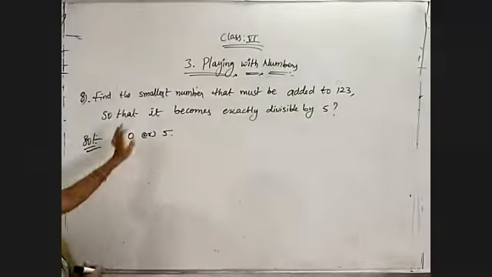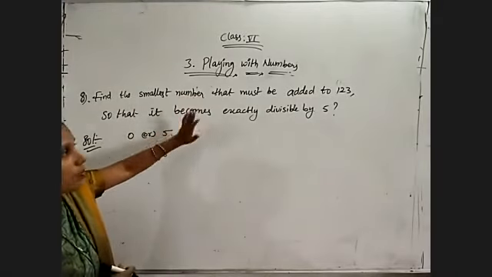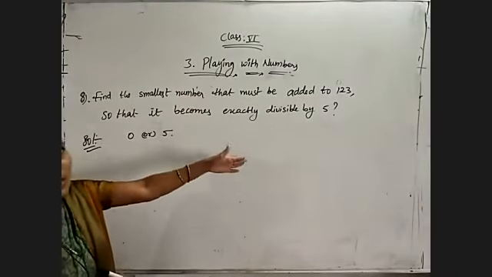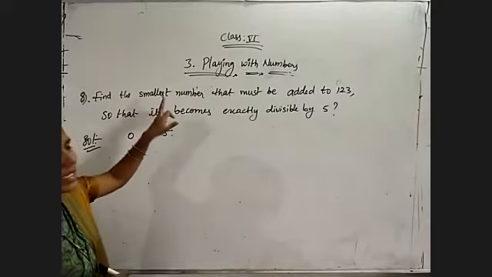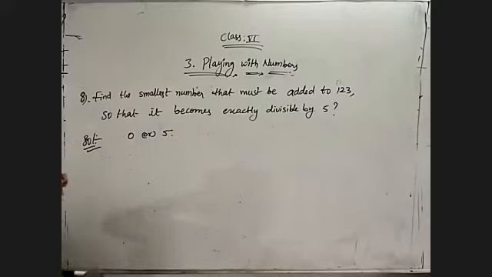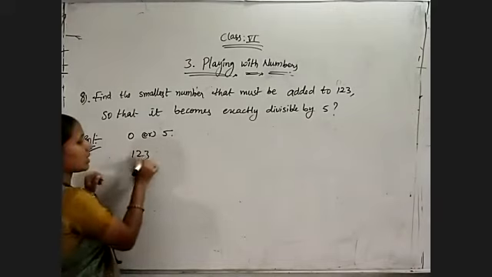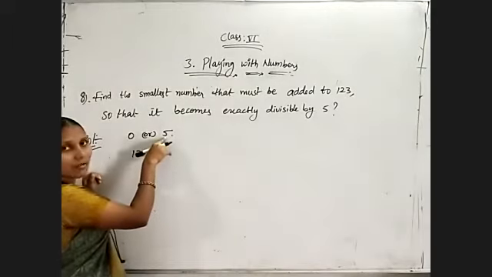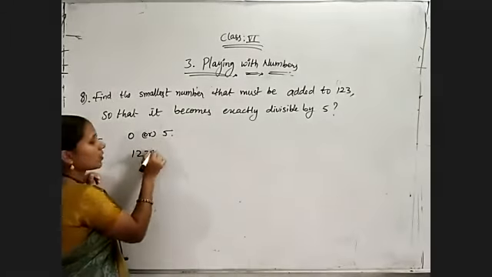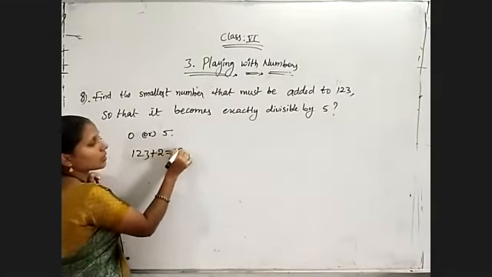Now, what is the smallest number? By adding many numbers, we can get a number divisible by 5, but we only need to choose the smallest. Suppose 123 is there. If I add 1, I get 124, but I want 5 in the unit place. So 123 plus 2 is equal to 125.